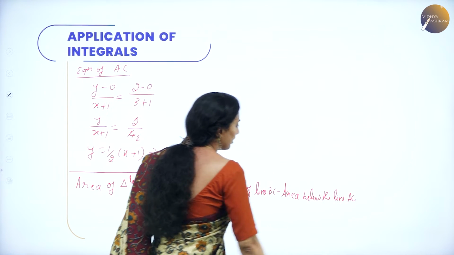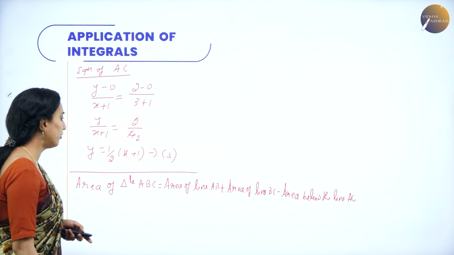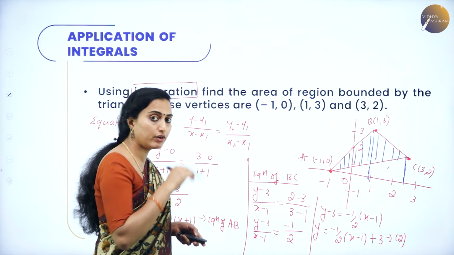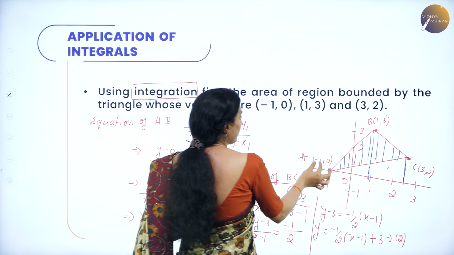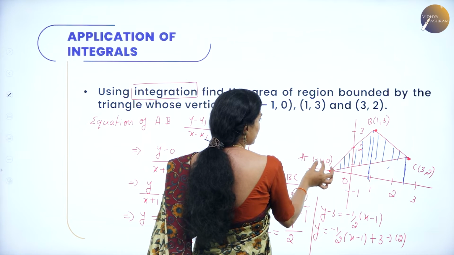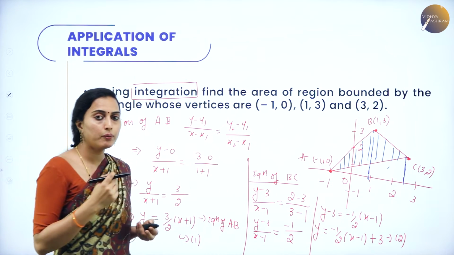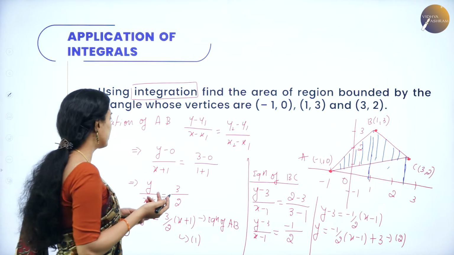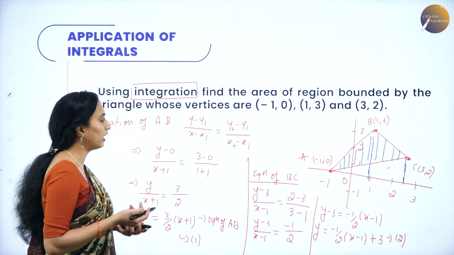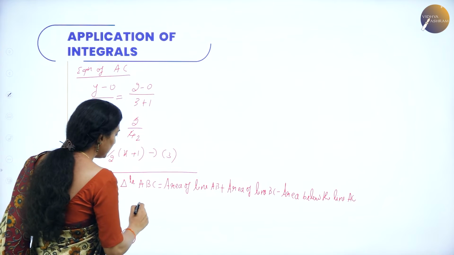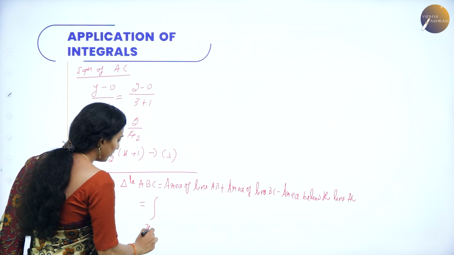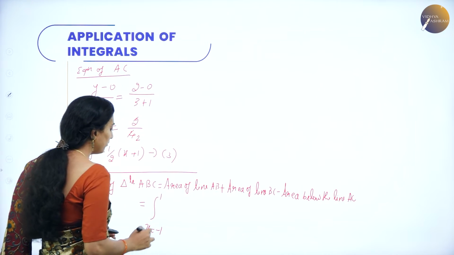AC. Correct. So for the area under line AB, I am going to take the vertical strips. Vertical strips means I am varying x from minus 1 to 1, y into dx. I am varying x, so that is why I have converted everything as y. So the area will be equal to what? X will be varying from -1 to 1, y into dx.